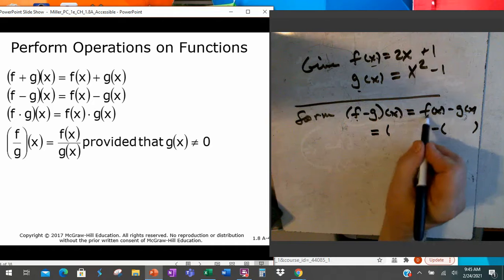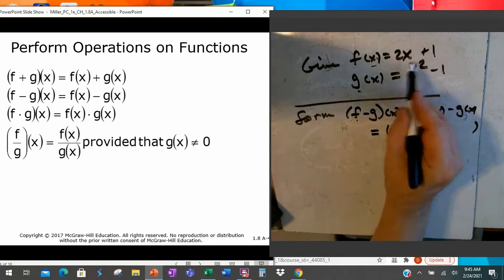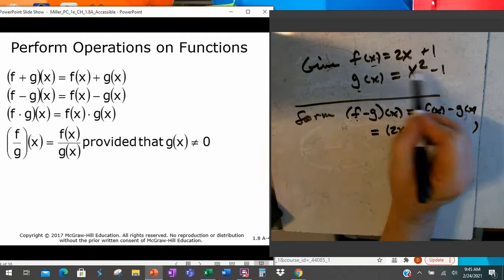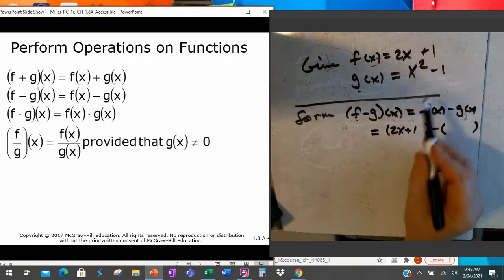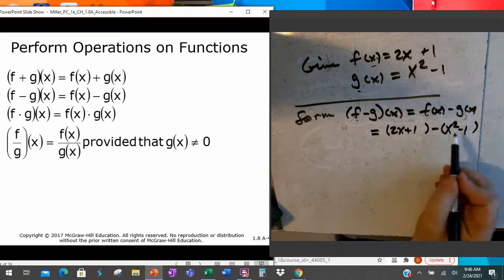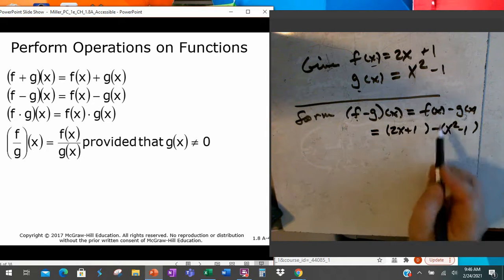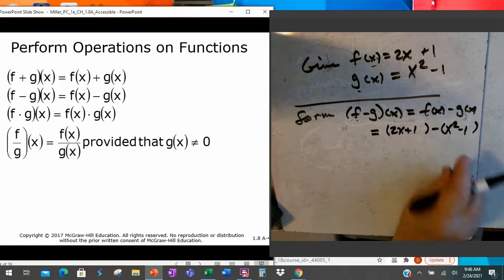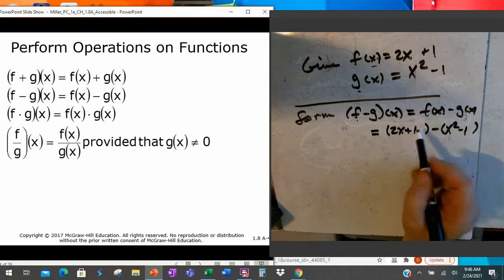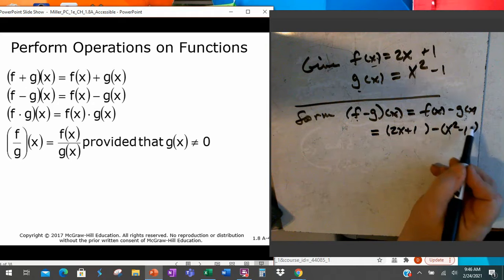So here's my f of x, that would be the 2x plus 1. My minus my g of x, all of this stuff, minus x squared minus 1. And again, I put this in there. So if I'm multiplying, I distribute. If it's plus, I just drop it. But here, I'm going to do the subtraction.